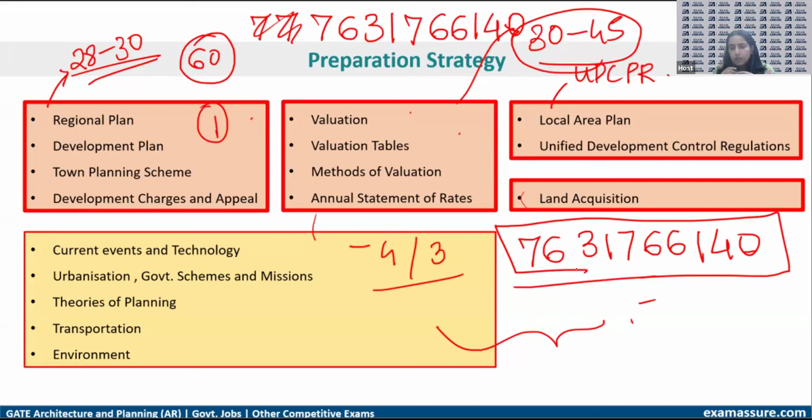No, actually, if you see the notification, they've clearly mentioned B.Plan or your BTech in civil engineering, civil and infrastructure engineering, or architecture. So even some students who are graduates of geography and have done masters in planning are not eligible in this case. So I think likewise it would be for you as well.